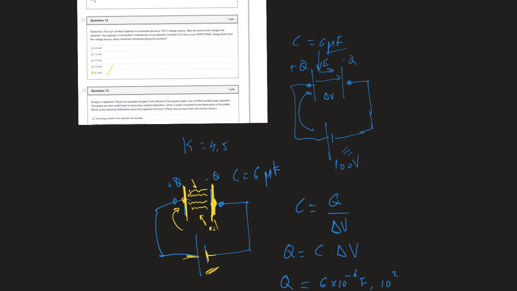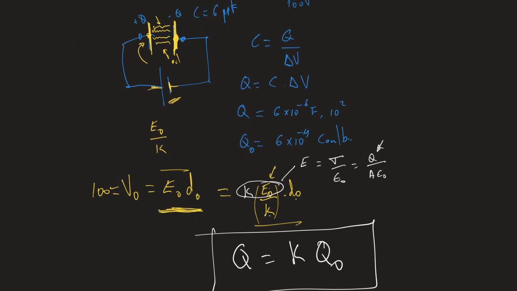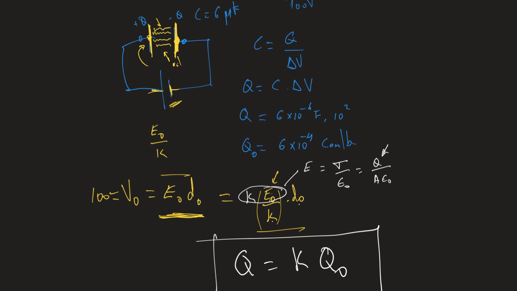So what I did here is, first of all, I calculate the initial charge. The initial charge before the dielectric is put in is the capacitance times the difference in potential. So the initial charge is 6 times 10 to the minus 4 coulombs.